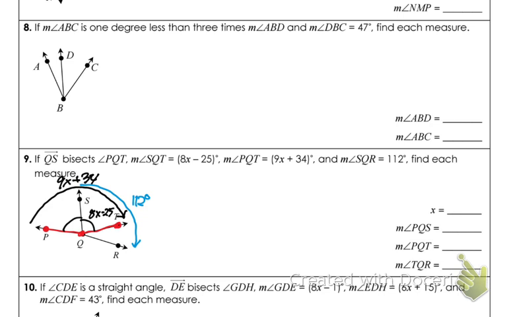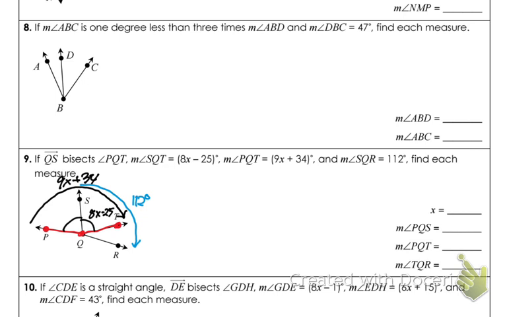One of the angles is 8x minus 25, SQT, and then we have the entire PQT is 9x plus 34. So what we need to realize is we need to come up with an equation to solve. Well, 8x minus 25 does not equal 9x plus 34 because 9x plus 34 is this whole thing.